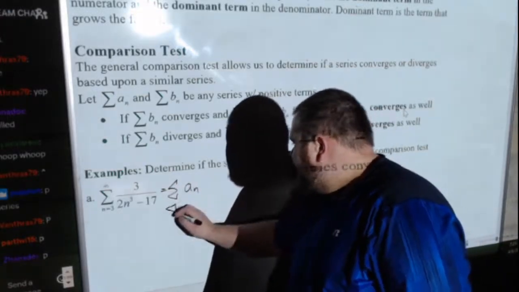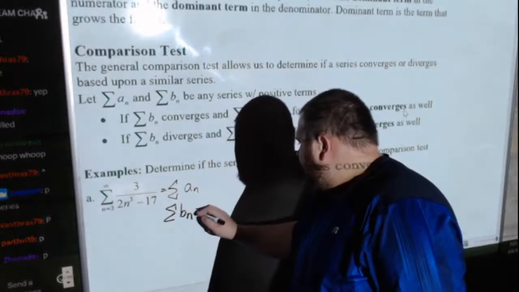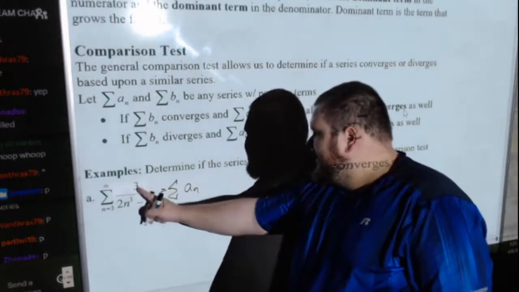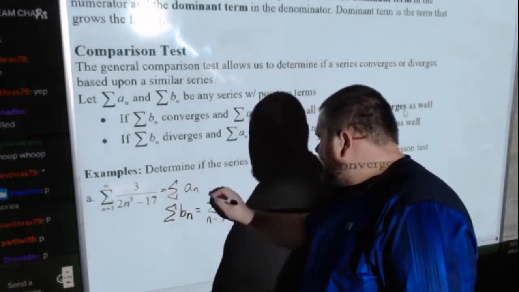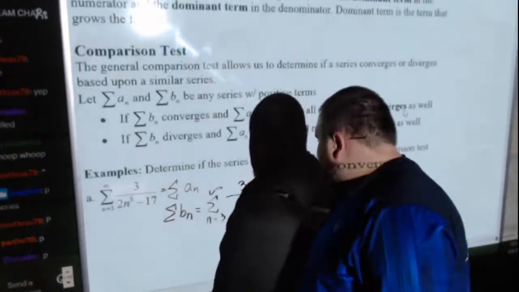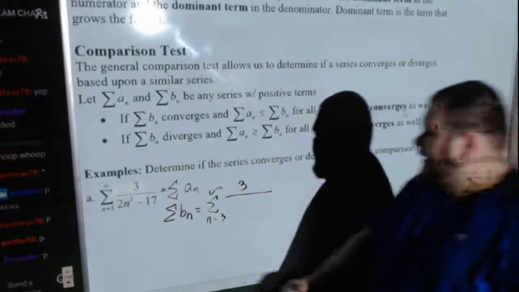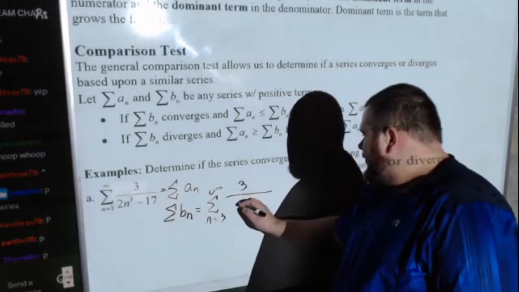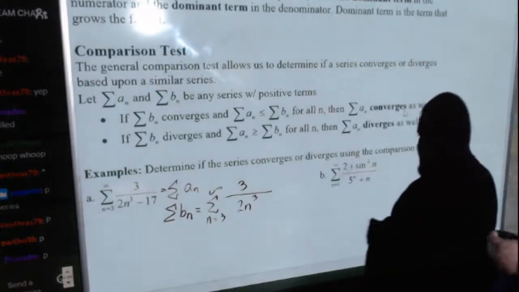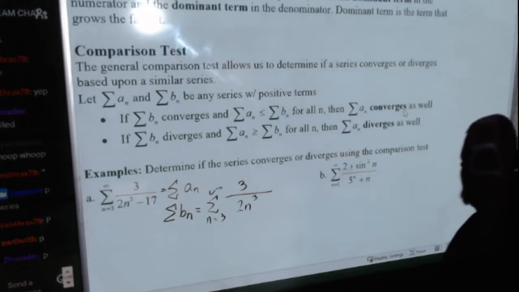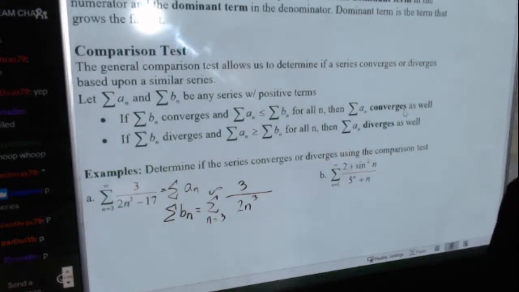I need to find b sub n. Well, b sub n contains the dominant terms, which are 3 on top, and obviously the 2n cubed on the bottom. By dominant, we're talking about which one is bigger or smaller, which one makes the greater changes, that sort of thing.